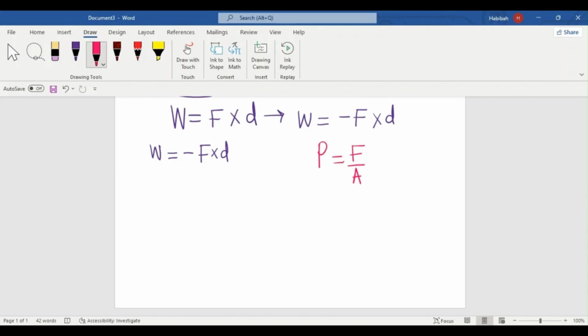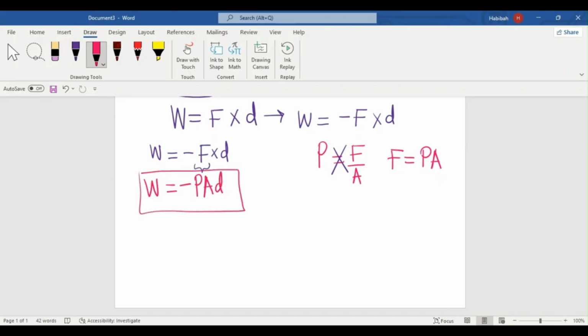What we can just simply do is cross multiply to determine what the value for force is. The force now is going to be equals to pressure times area. So work done is equal to negative pressure times area times distance. And this is basically what we're going to use to solve this question.